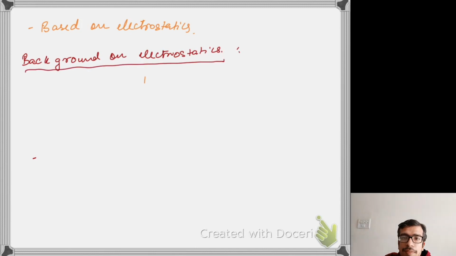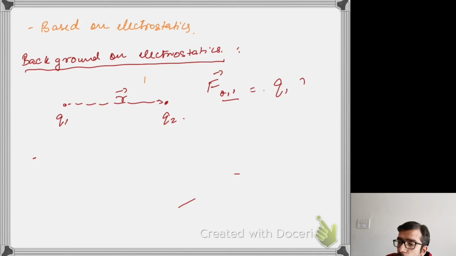Firstly, let's say we have 2 points, q1 and q2, which are separated some distance apart. Now what is the force which the first point exerts on the second one? That force is given by Coulomb's law, which is q1 q2 over 4 pi epsilon naught r squared times r cap.